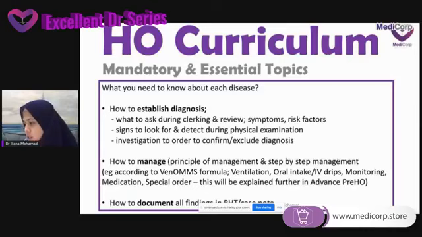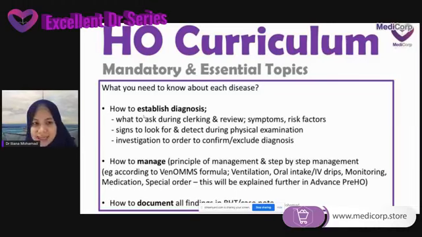Okay, so before we go through the list of topics, you need to know what you need to know about each disease. This is also the format of your case-based discussion assessment, in which your supervisor or specialist will assess whether you can first establish the diagnosis. So what are the things you need to ask the patient during history taking?